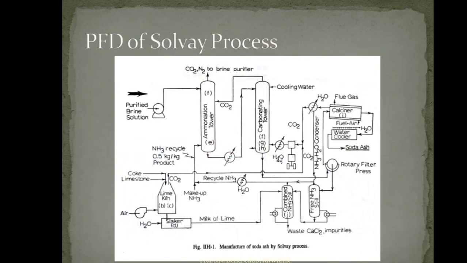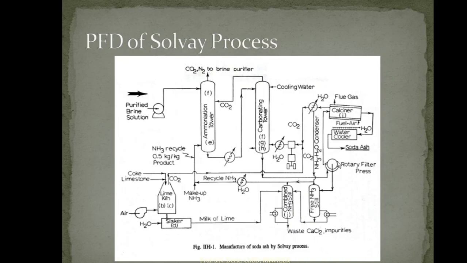Now this is the process flow diagram for the Solvay process. You can see here purified brine solution is obtained by separating the impurities associated with the brine, such as magnesium and calcium salts. Then it is fed to this ammoniation tower. This is a carbonating tower. Then we get the products, that is sodium bicarbonate and ammonium chloride.